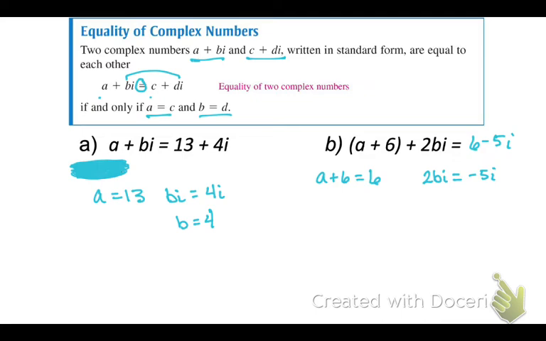So to figure it out, you just divide by 2I, yes? What are the I's always going to do? Reduce out. So you don't really need to write them. So B equals what? Negative 5 halves. And what does A equal? 0.